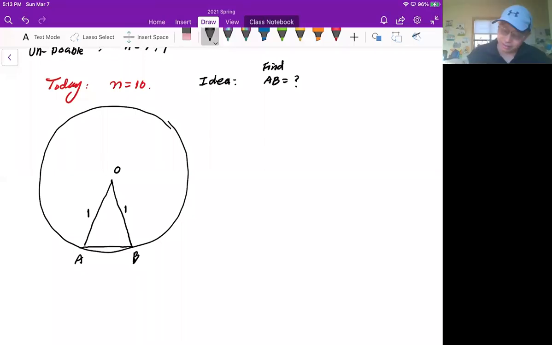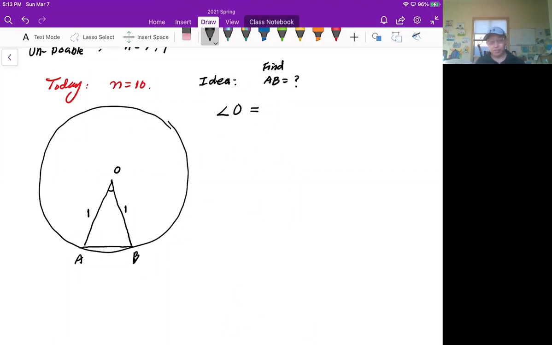In order to get that, my first question is, can you tell me what's the angle of O? What is this angle here? Any suggestion? I want to find the central angle here.